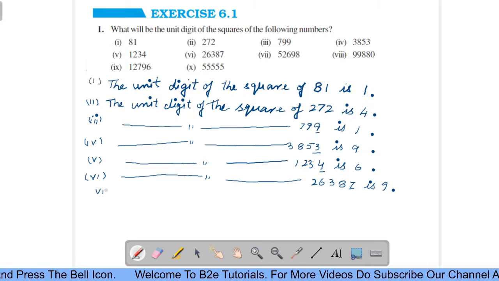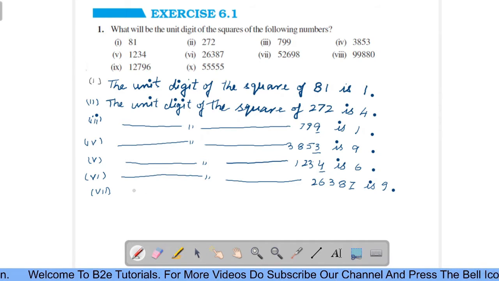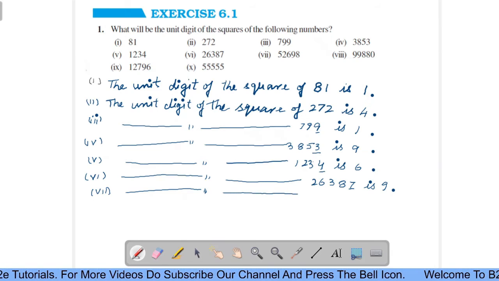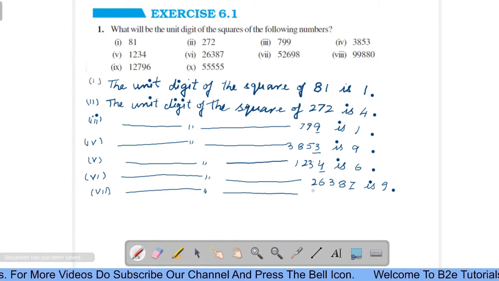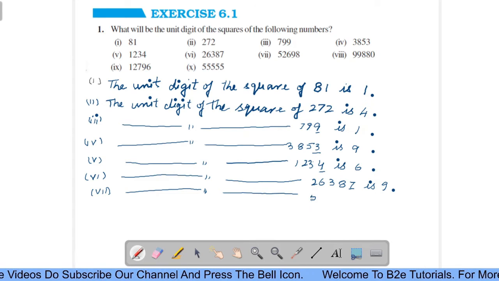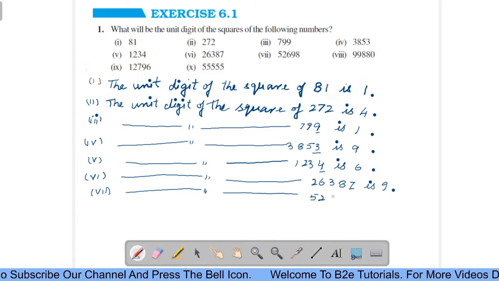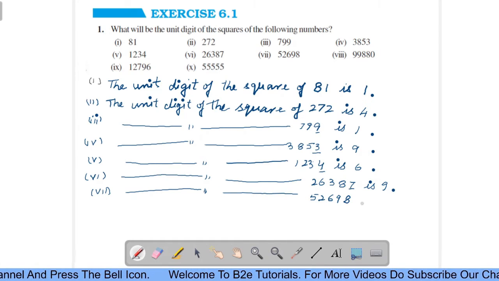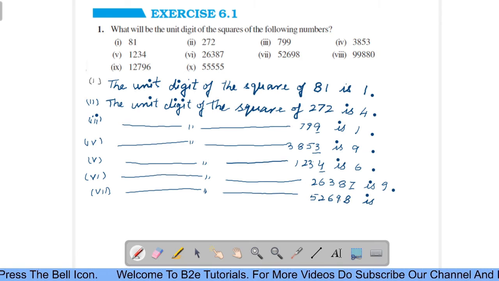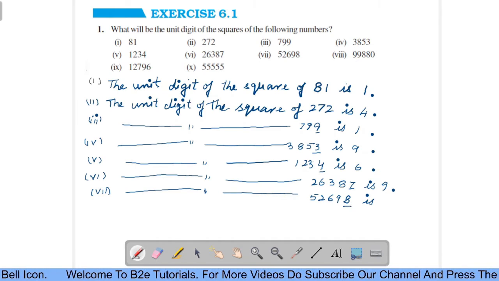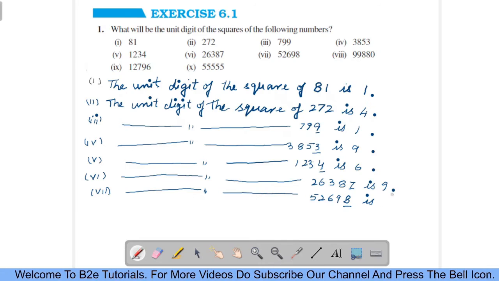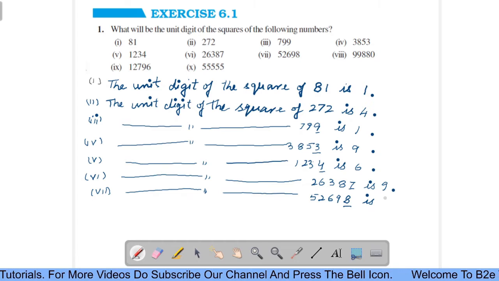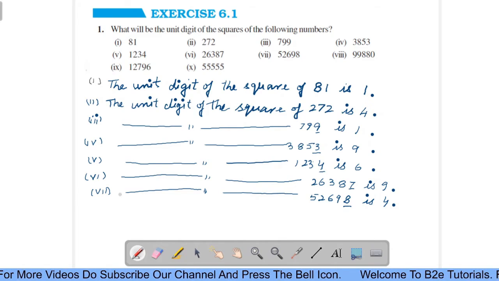Then seventh part, the unit digit of the square of 52,698 is: here the unit digit is 8, the square of 8 is 64 and the unit digit of 64 is 4. Therefore your answer is 4.